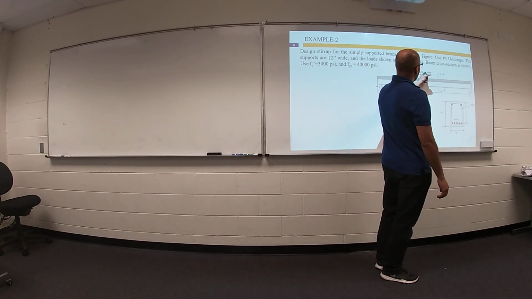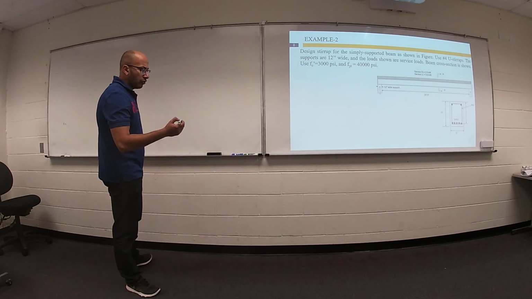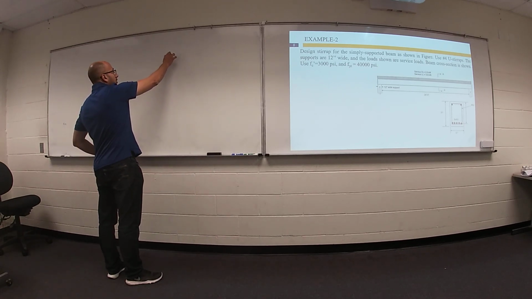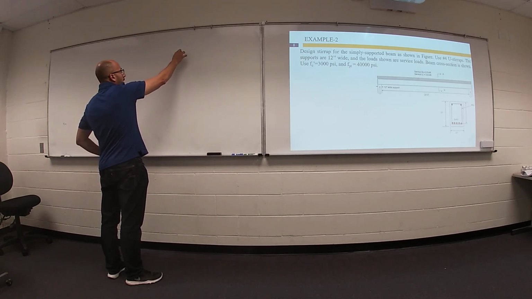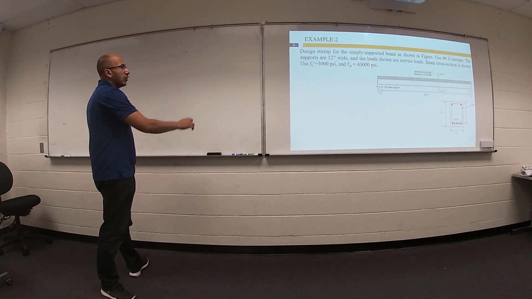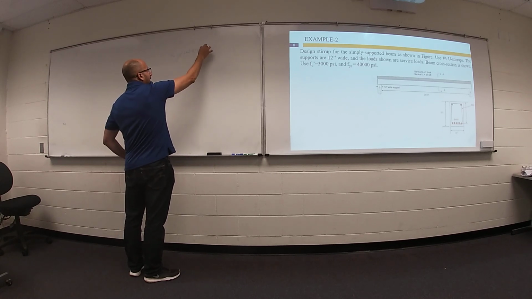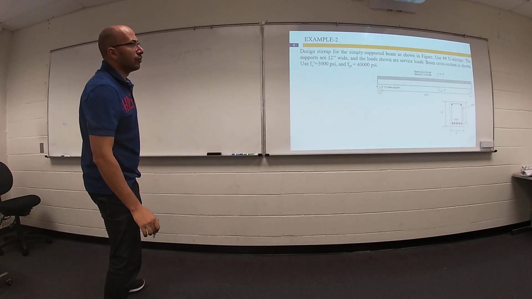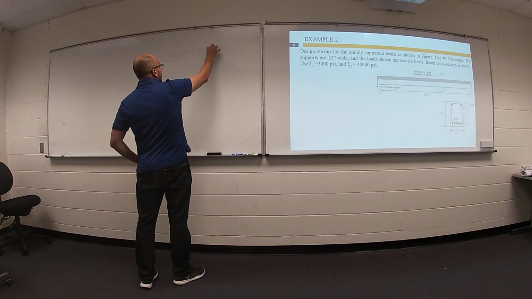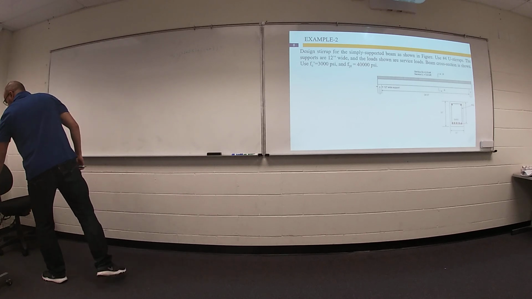Okay, we have dead load, we have live load as a distributed load. So W ultimate equals 1.2 times your dead load 2.5 plus 1.6 times your live load 3. Your value will be V ultimate, right?